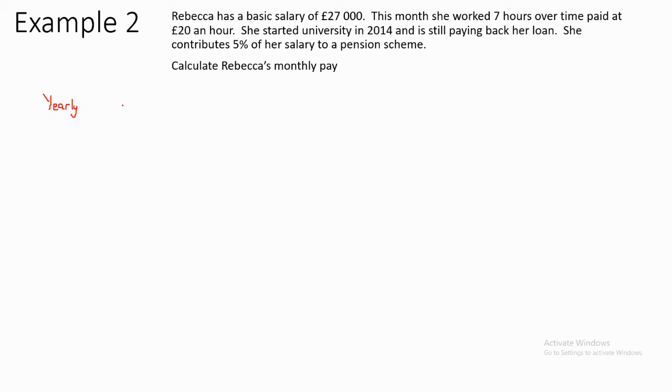So yearly, she's got 27,000. And you're going to assume she does this every month, even though she might not necessarily do it every month. For the purpose of this monthly calculation, you need to assume she did it every month. So it's 7 times 20 for this month, and then we need to assume she did it for all 12 months.